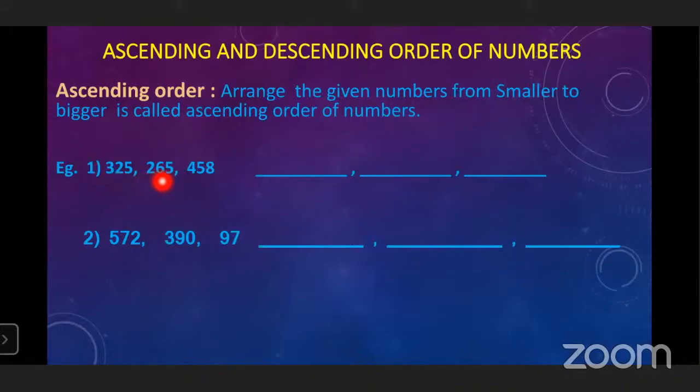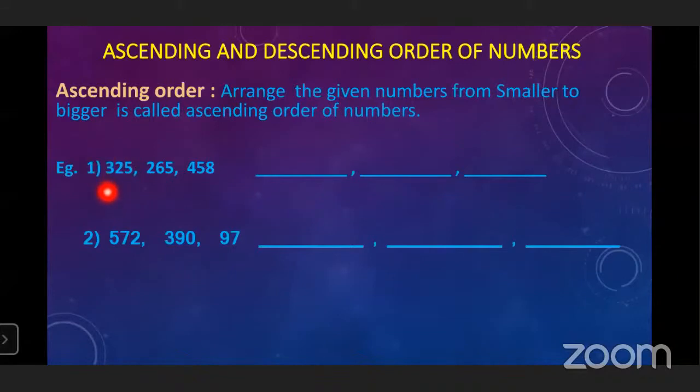First of all, you have to see the digits. So all numbers have three digits. You can see here all numbers have three digits. So when the digits are equal, that time we have to compare the highest place of the number, and here in the three digit numbers the highest place is 100.